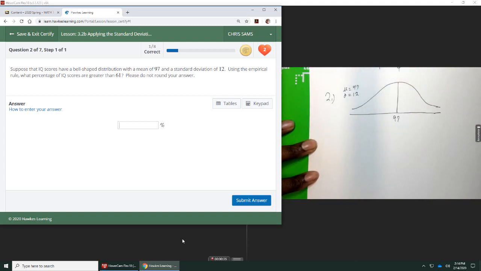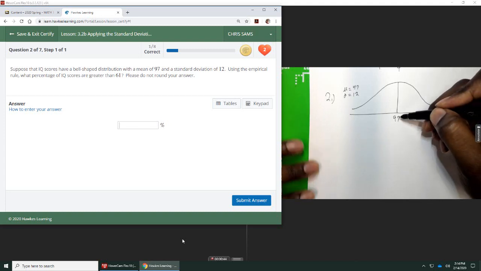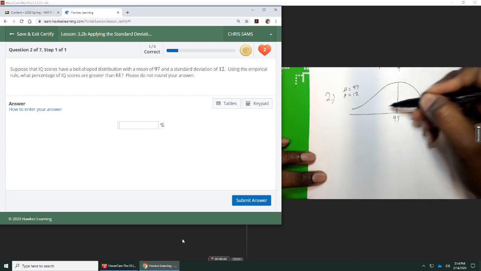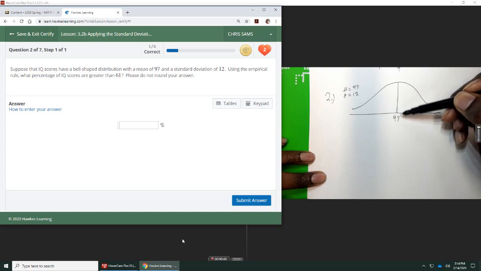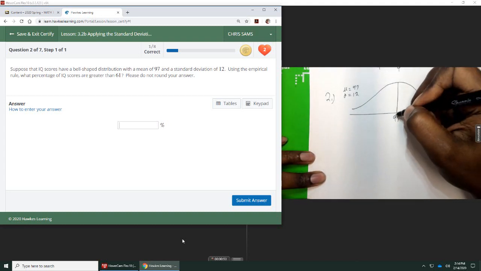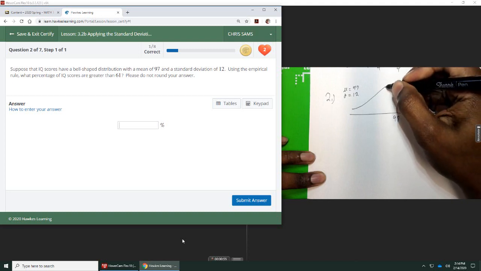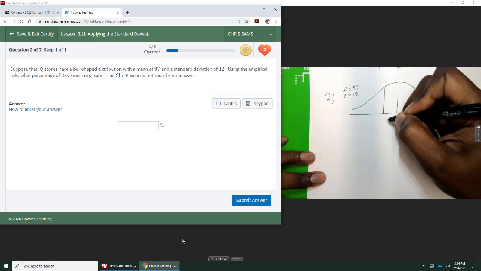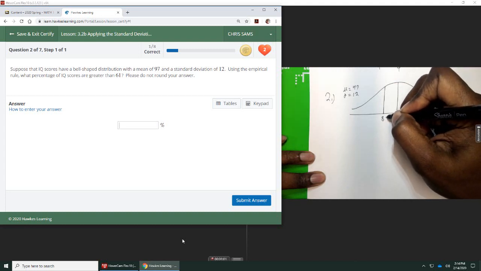And it says, using the empirical rule, what percentage of IQ scores are greater than 61? So just greater than 61. Okay, so 97 is here. 61 is less than the mean, so I'm going to be subtracting 12 until I get to 61. So if I subtract the standard deviation one time, subtract 12 from 97, that would leave us with 85.